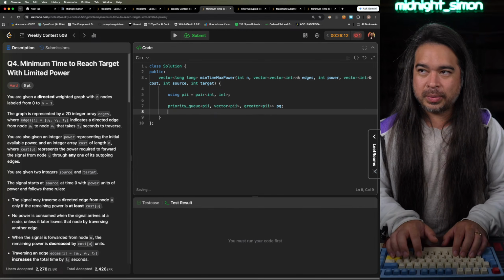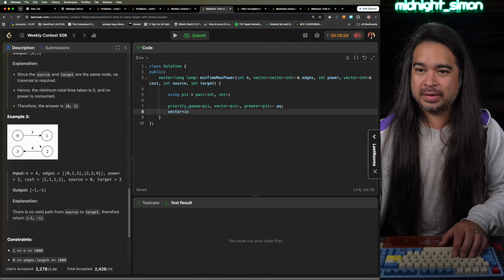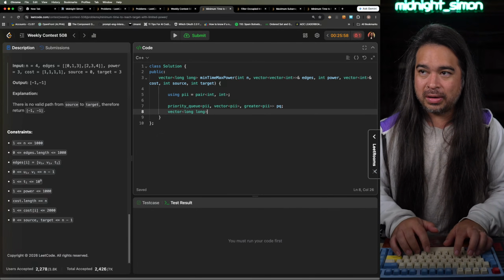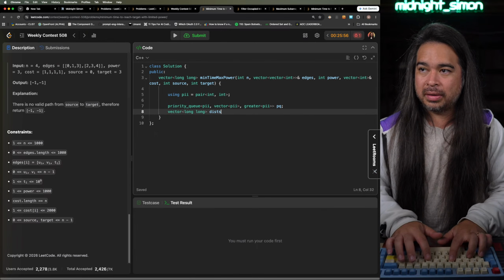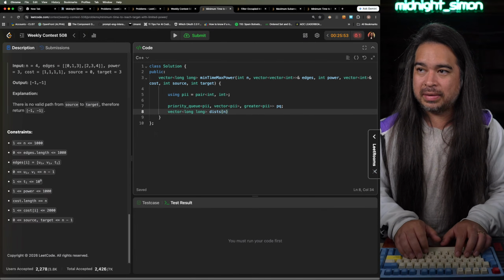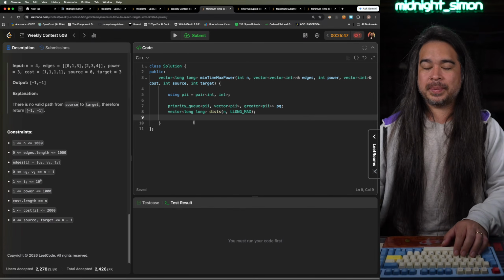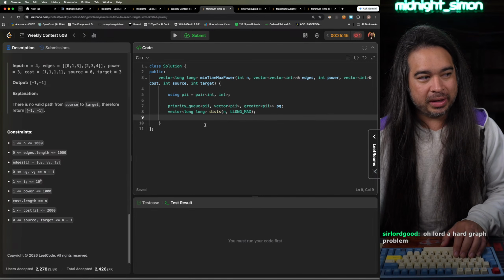How does Dijkstra's work? I also need my distances. Let me look at the times. Oh, billions. So maybe this distances should be a long of size n.